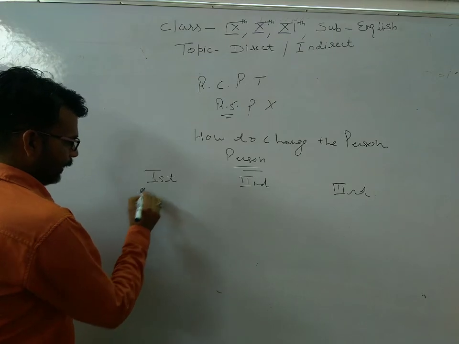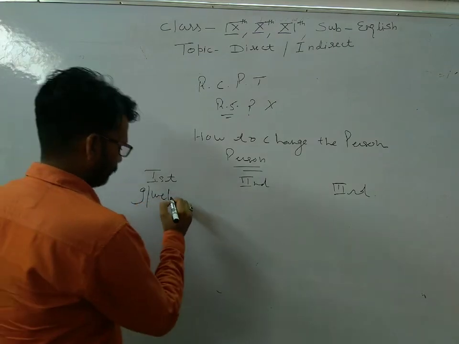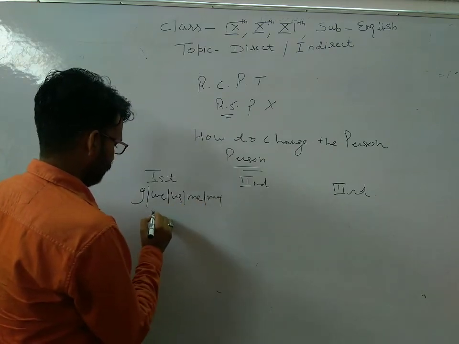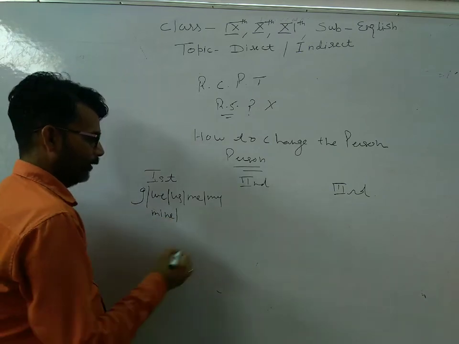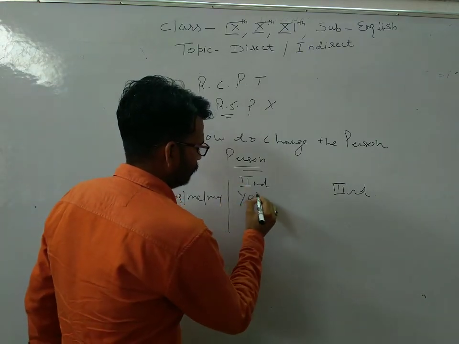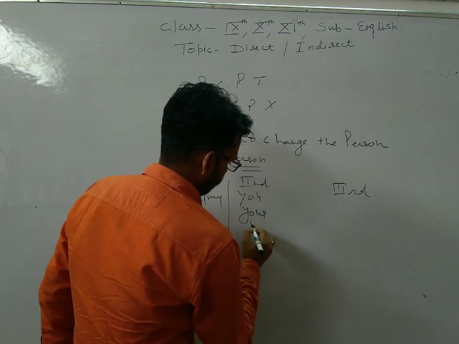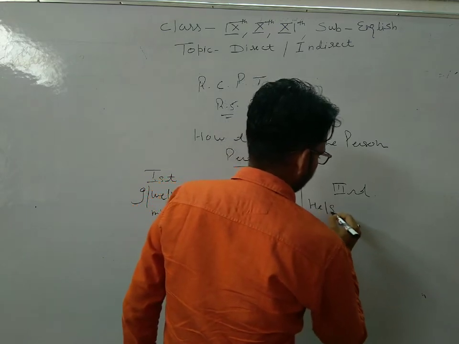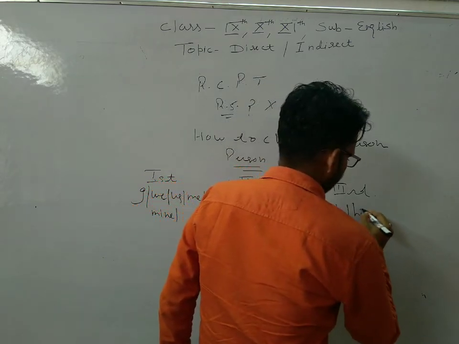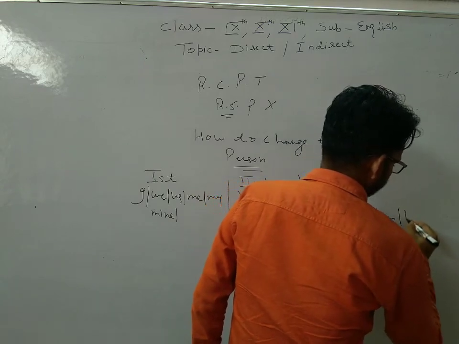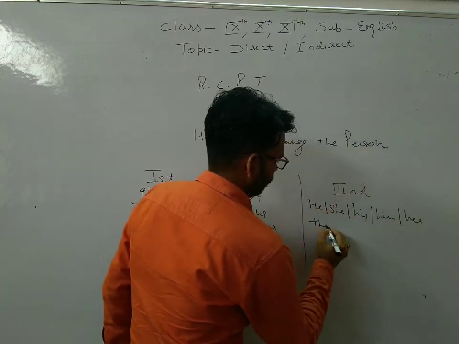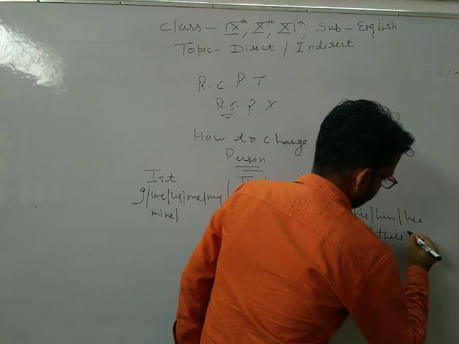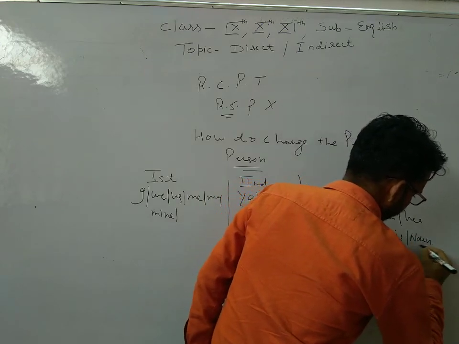In first person we have I, we, us, me, my, mine, and in second person we have you, your, and yours, and in third person we have he, she, his, him, her, they, them, their, and noun also.